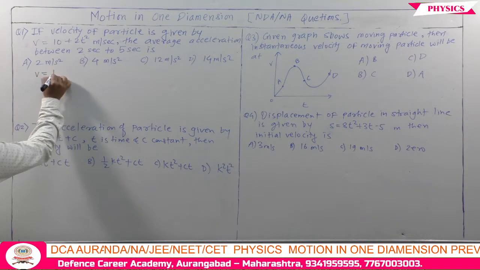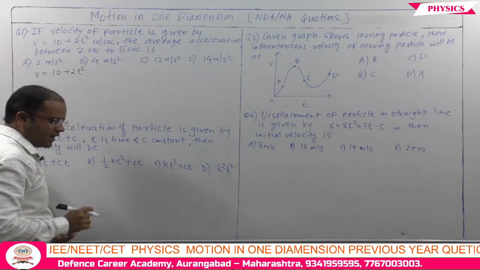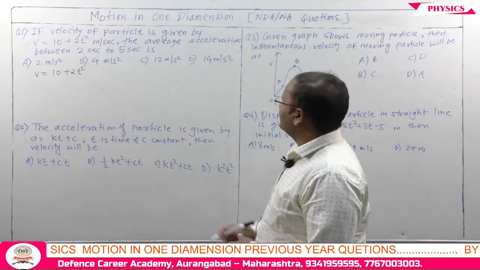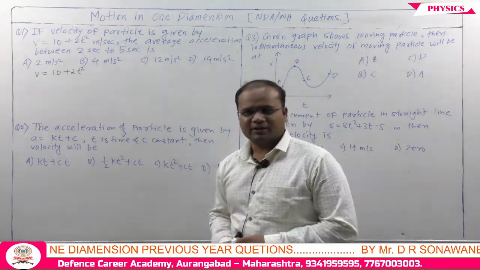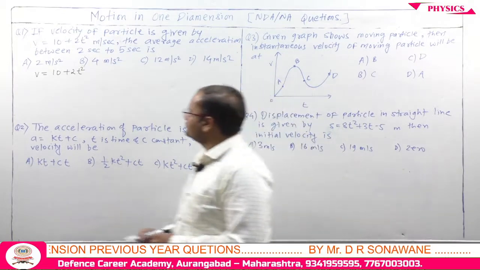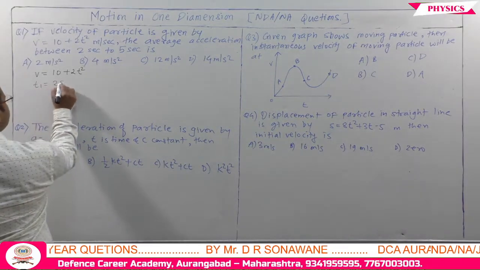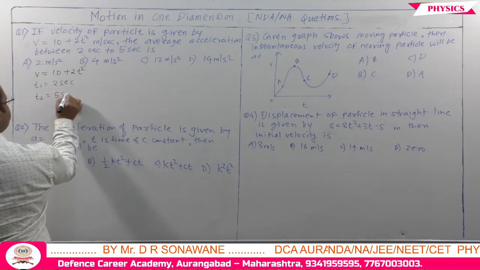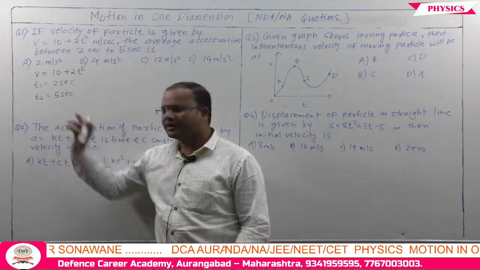So velocity is 10 plus 2t square. As we know, the value they are asking is the average acceleration between 2 second to 5 second, means time is given, that is t1 and t2. t1 is 2 second and t2 is 5 second. So we have to find out the average acceleration between t1 and t2.